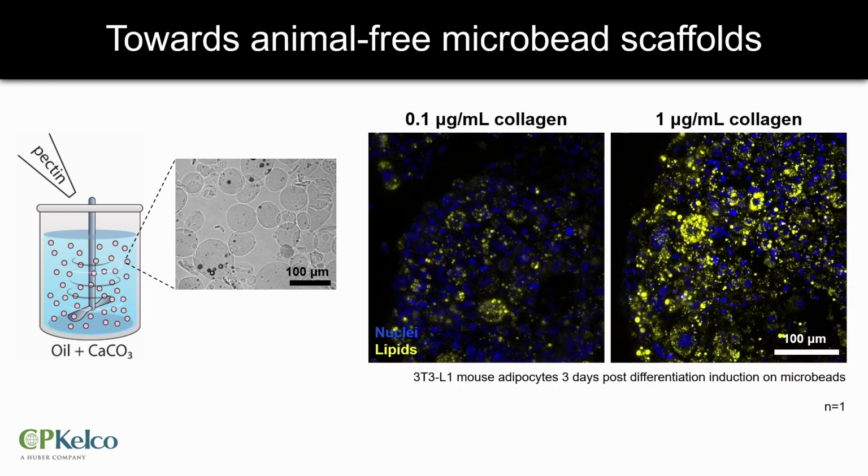And then I developed an approach to add collagen without using any harsh chemistry. These are simply mixed during the polymerization phase, and I found that it's working well for cell attachment. And also I'm seeing that just increasing the concentration of collagen is increasing lipid accumulation.